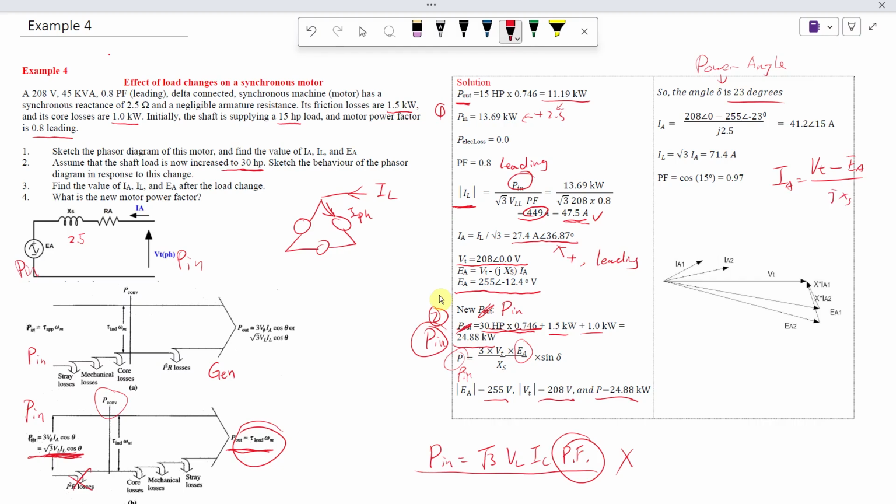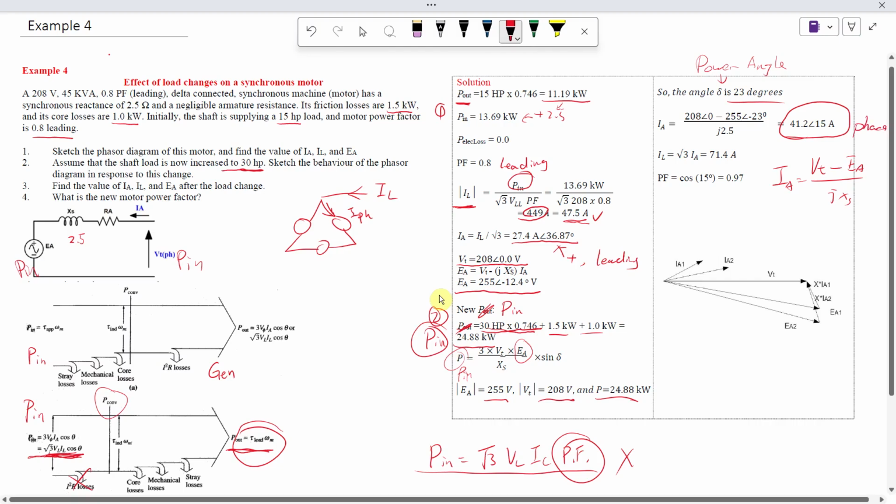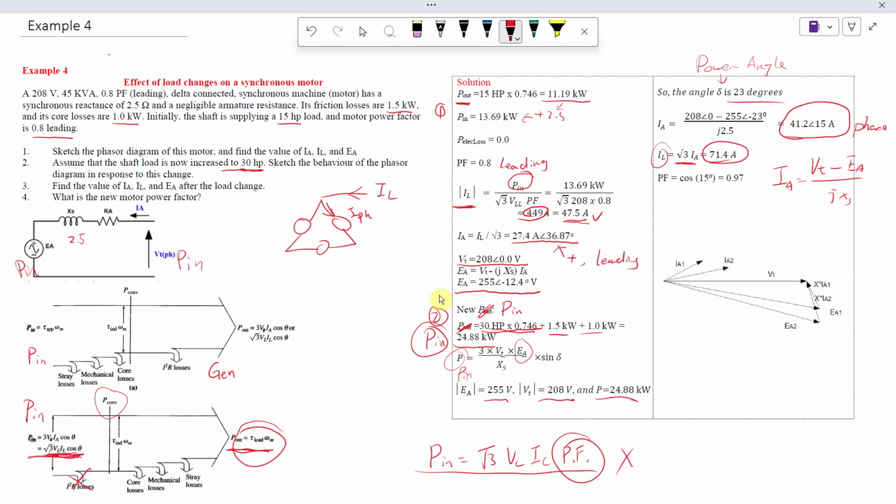Then you plug in the numbers and you get IA. That IA is the phase current, and multiplying by √3 gives the line-to-line current, which is what is asked for here.